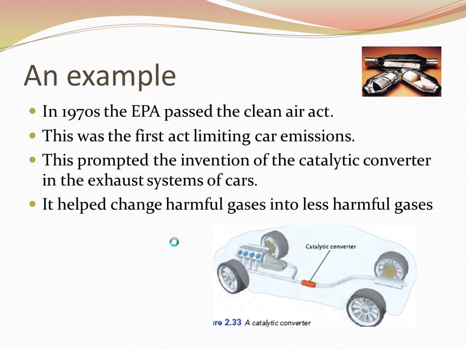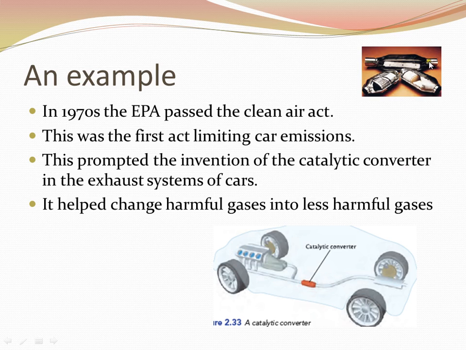Manufacturers had to come up with a way for the gases emitted from the combustion engine, so the burning of the gases and the fuel, to turn those emissions into something less harmful. And the invention that came out of that is the catalytic converter.